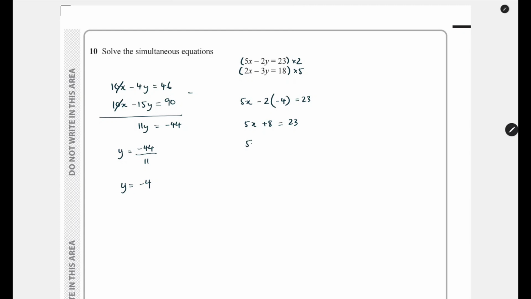I then take the 8 to the other side. 5x is equal to 23 minus 8. Therefore, 5x is equal to 15. Taking the 5 to the other side to make x the subject, it's 15 over 5, and therefore the value of x is 3.